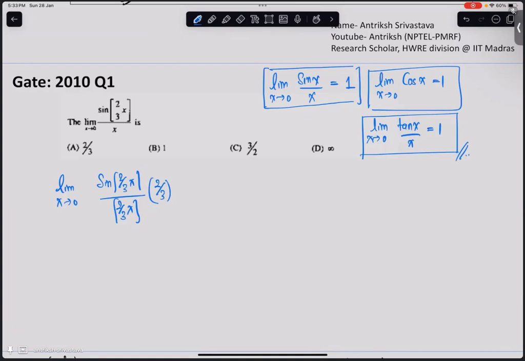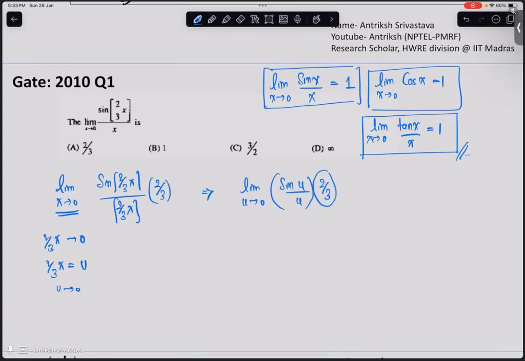Now, when x tends to 0, does 2/3 x also tend to 0? Yes. So can we call 2/3 x as u and replace the limit as u tends to 0? We can do that. So this expression will transform into the limit u tends to 0 of sine u by u, into 2/3. Can we take this out of the limit? Yes, we can take this out.